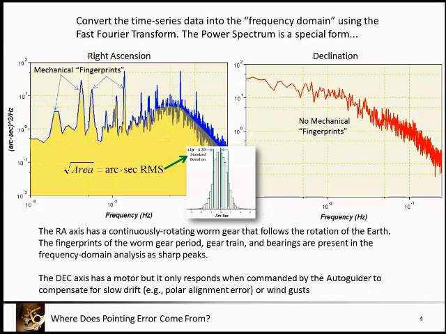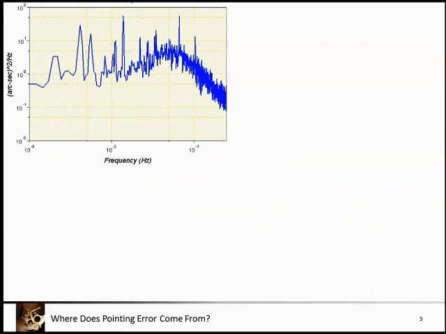And for example, I could calculate the area under one of these peaks, and the square root of that would be the contribution of that particular peak to the pointing error. And now we can start to differentiate which peaks contribute more to the pointing error than other peaks.